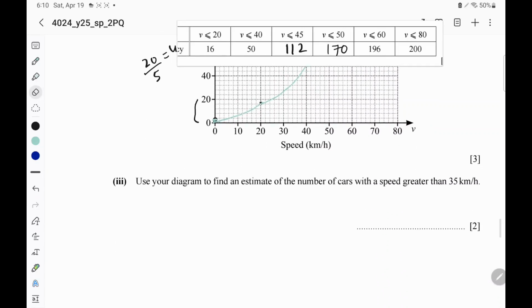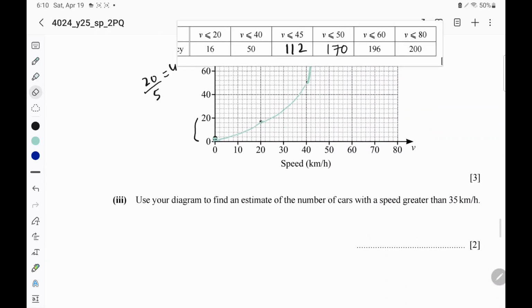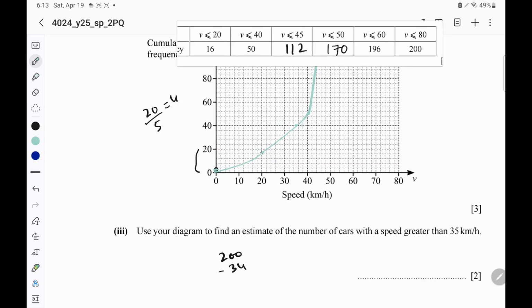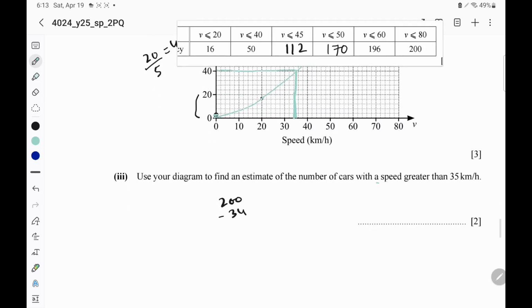Use a graph to find and estimate the number of the cars with a speed greater than 35 kilometers. Greater than 35 kilometers. So we are calculating and checking over there. So 35, greater than 35 means, sorry, this is 40. But it's greater, so this means 200 minus 40.